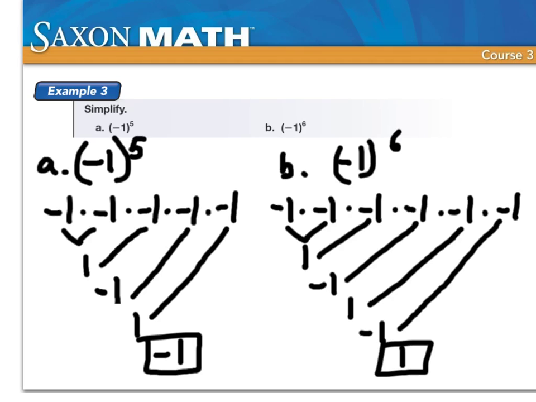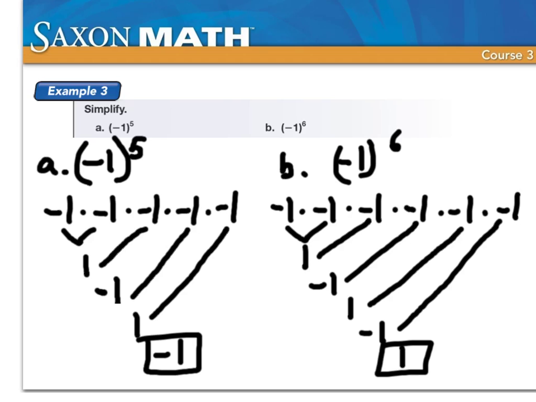Well, notice what happened here. If I take a negative number and I have an odd exponent, like 3, 5, 7, 9, 11, my answer is always going to be negative.